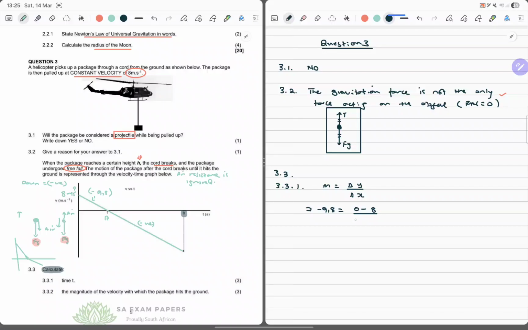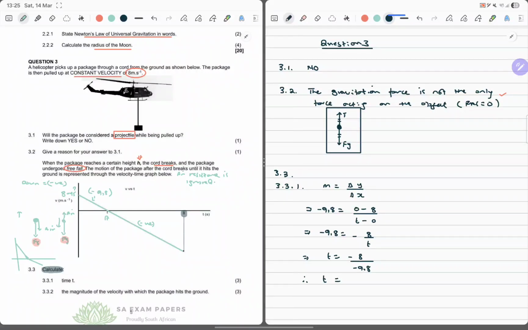And then this is going to be basically t minus 0. So this implies that we have minus 9,8 equals minus 8 over t. So we cross multiply, and we know that t is going to be minus 8 divided by minus 9,8.